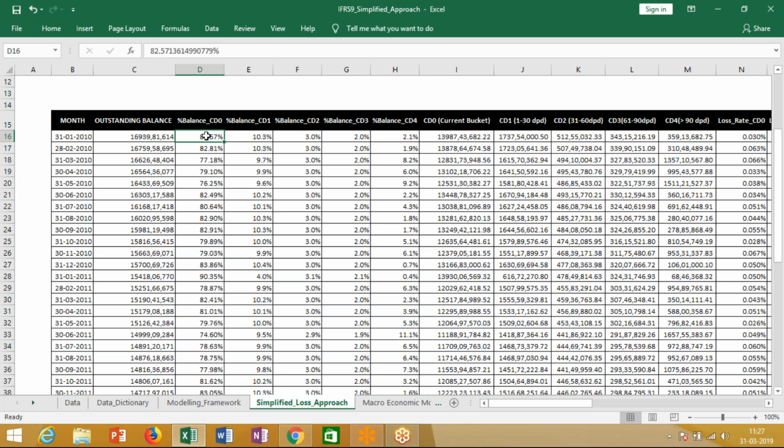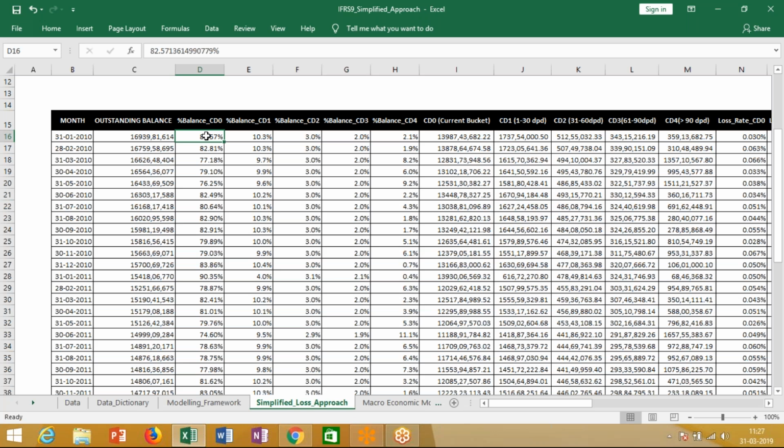So over here, what we see is that nearly 85 to 90% of the balances are concentrated within the first two buckets, right? And the last three buckets comprise something like 4 to 7 to 10% of the balances distributed between them.